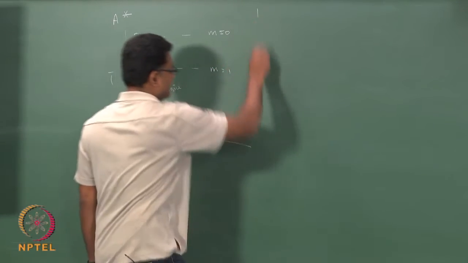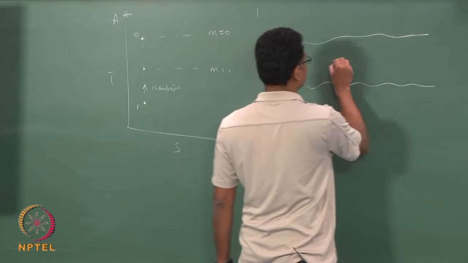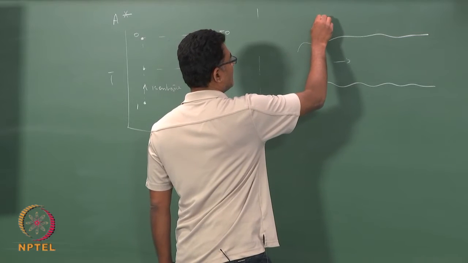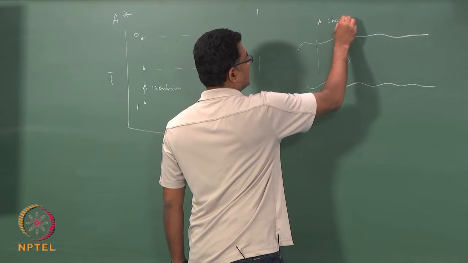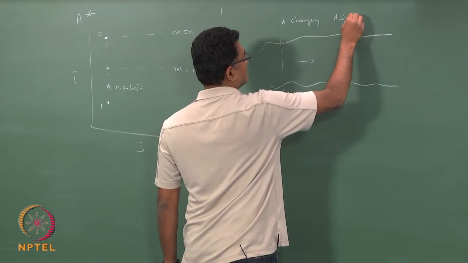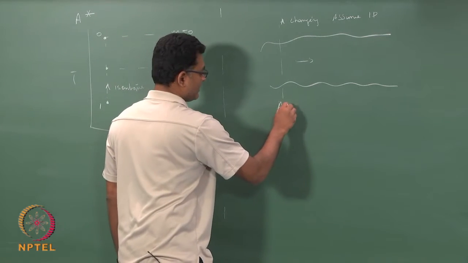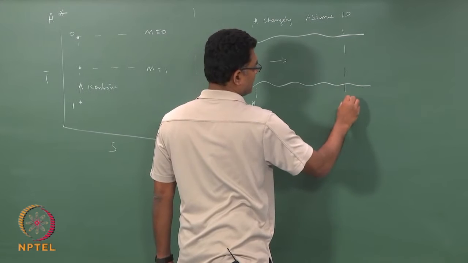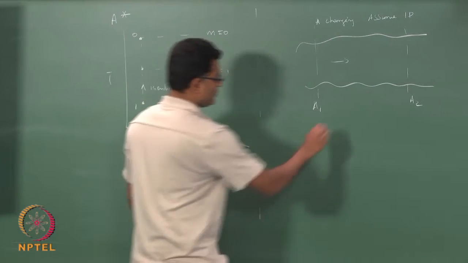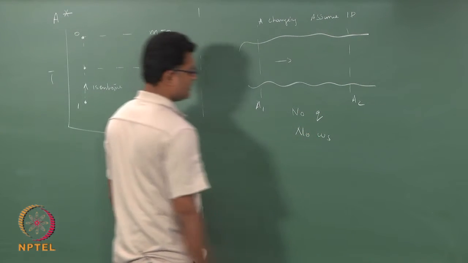So, if I have a flow in an arbitrarily shaped duct, so my area is changing along one direction, assume 1D. I have section 1, I have section 2. There is no Q, there is no shaft work.